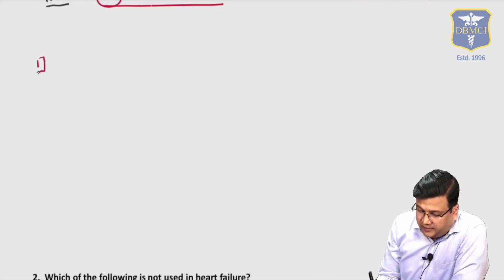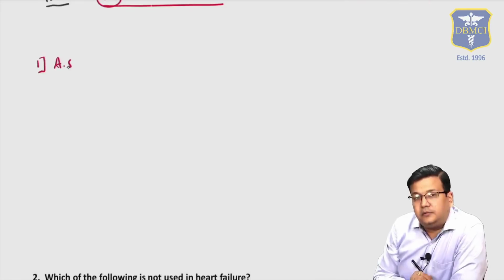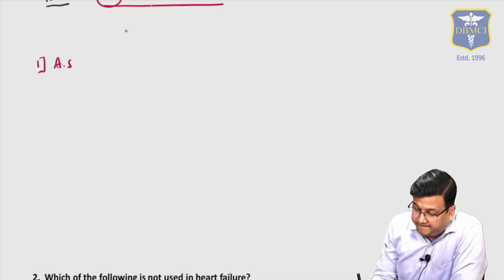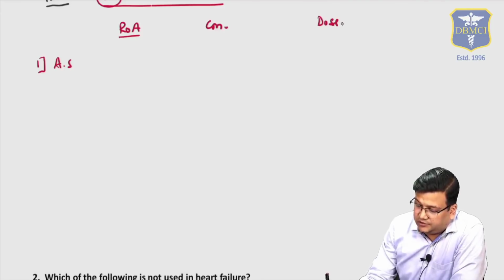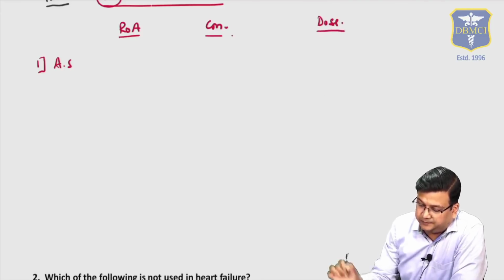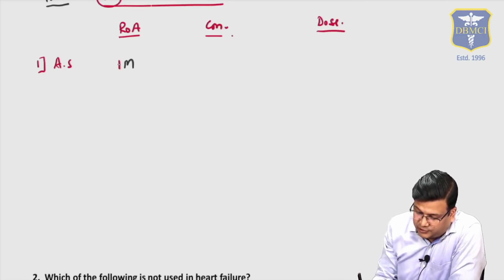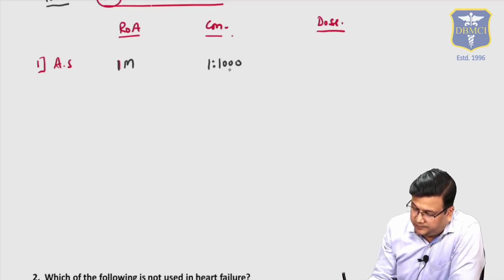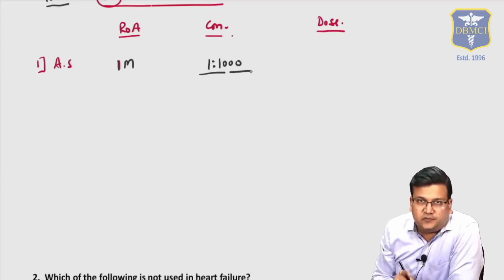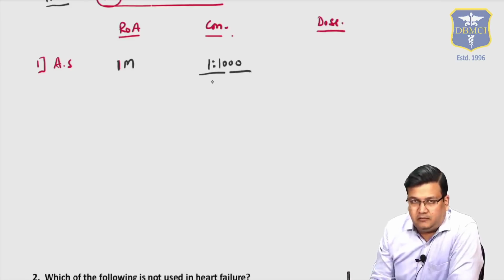So the uses of adrenaline, number one, anaphylactic shock. What is the route of administration? What is the concentration? And what is the dose? Three things we will summarize. In anaphylactic shock, the preferred route, as I have told you, is intramuscular. The concentration given is 1:1000. Please understand that 1:1000 means 1 gram, that is 1000 milligram, is dissolved in 1000 ml.